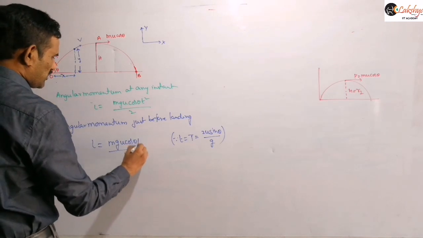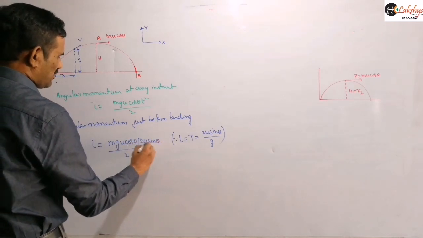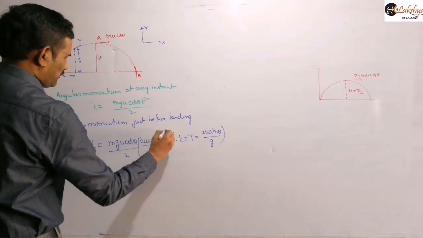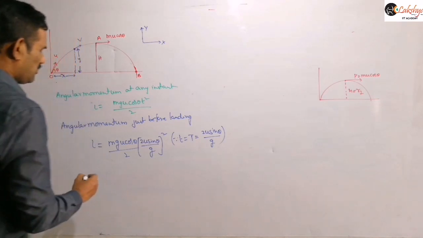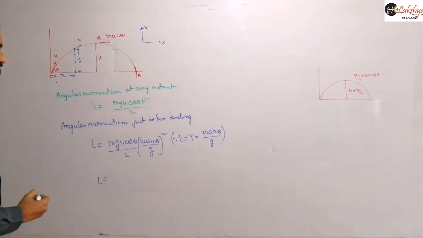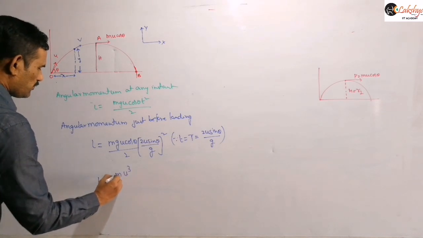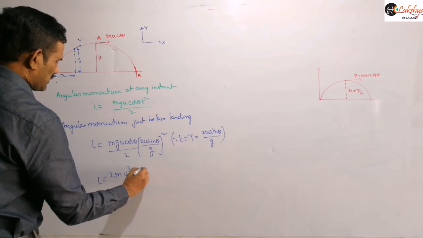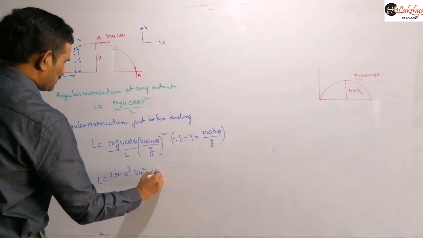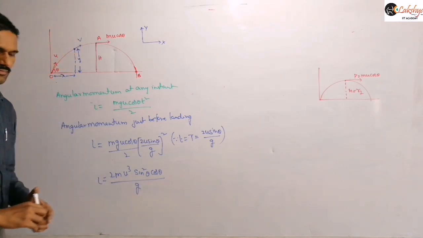And that is whole square we need to write: 2u sin theta by g whole square. And therefore on simplifying this, I can write the angular momentum at that point as 2m u cube sin square theta into cos theta by g, right?